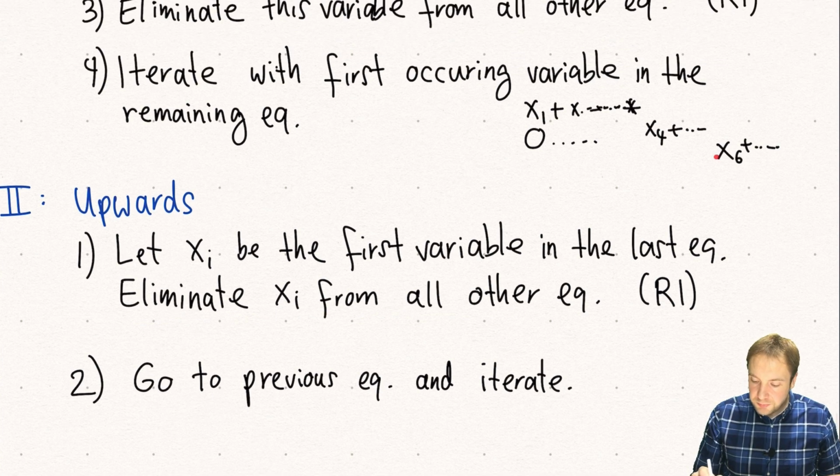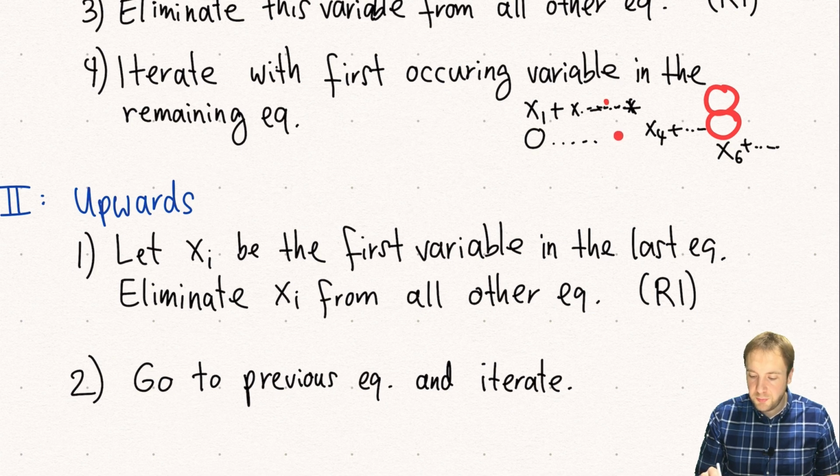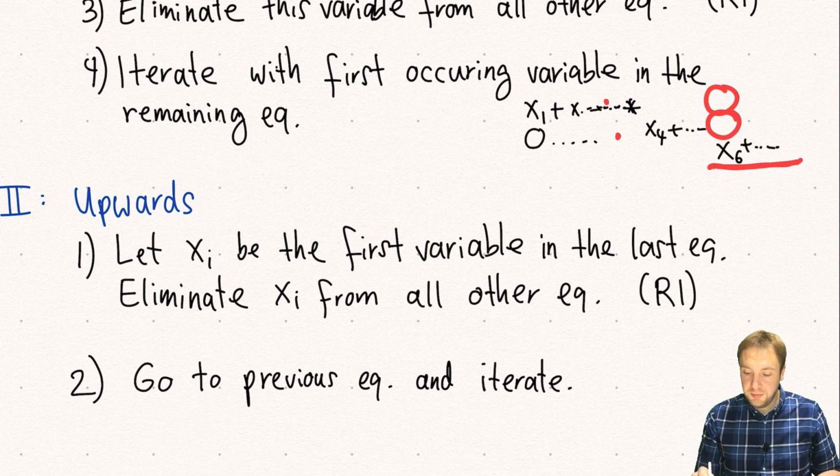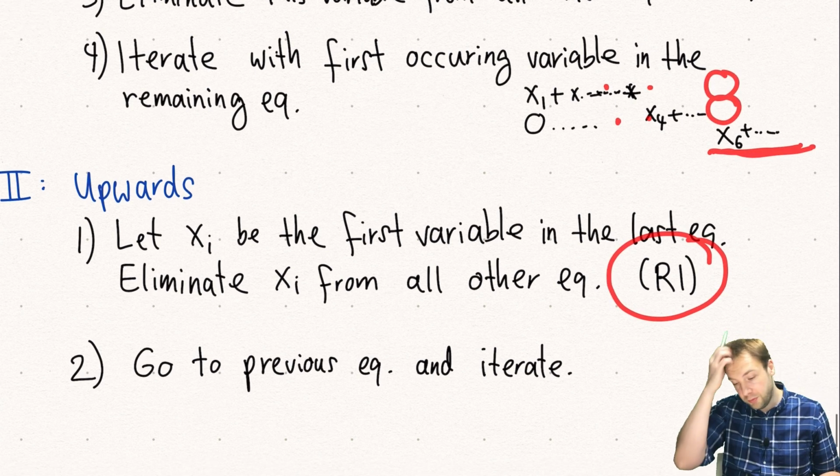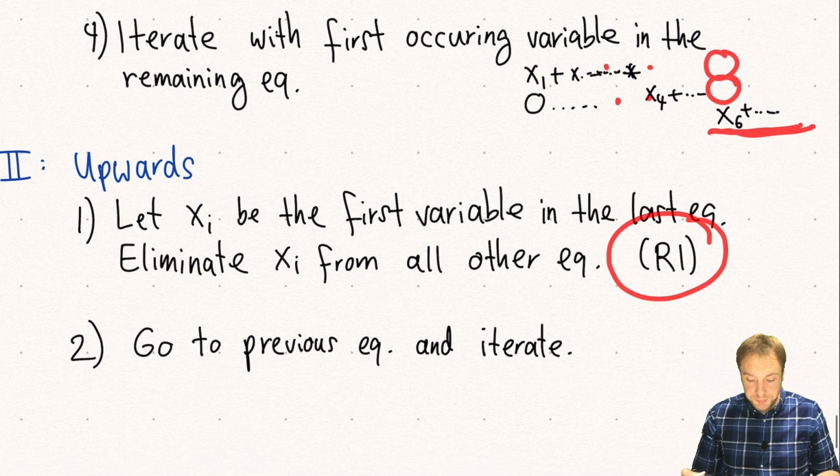And this we can do because in front of x6 here is nothing. So I can take this equation and remove all the x6 terms in this equation and this equation by adding a multiple of this equation here to this equation and this equation. So we can use the row operation R1.